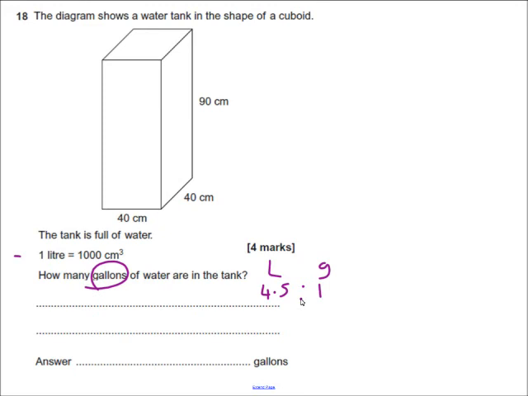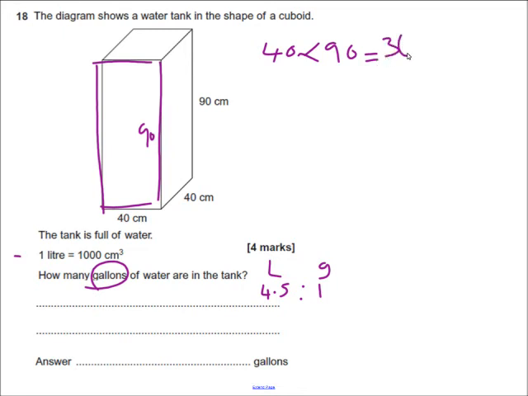The first thing we need to do is to work out the volume of the full water tank in centimetres cubed. So let's do that. So working out the volume, look at the basic shape facing you. So it's a 40 by 90 rectangle. So 40 times 90 tells us that the area of the rectangle facing us, doing this on our calculator, is 3,600 centimetres squared.